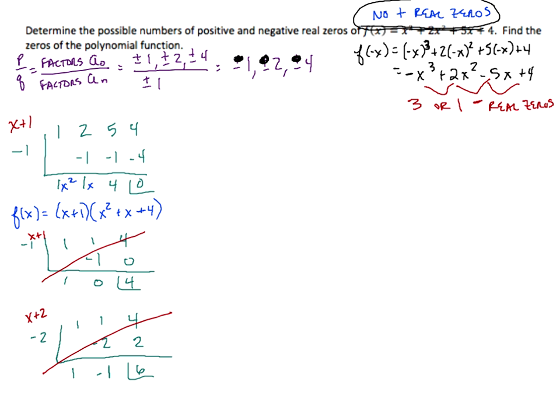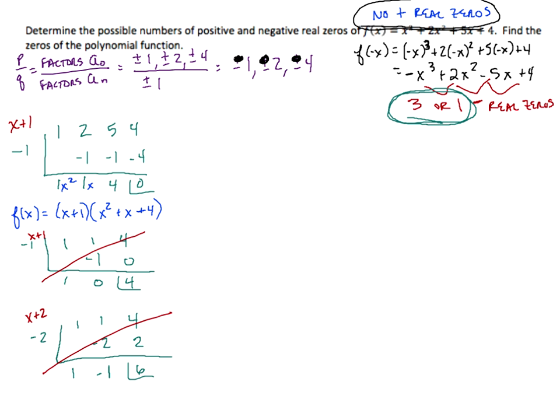Okay. The only one I have left to try is negative 4. And actually, I know it's not going to be negative 4, and here's why. I'm told I have 3 or 1 negative real zeros.